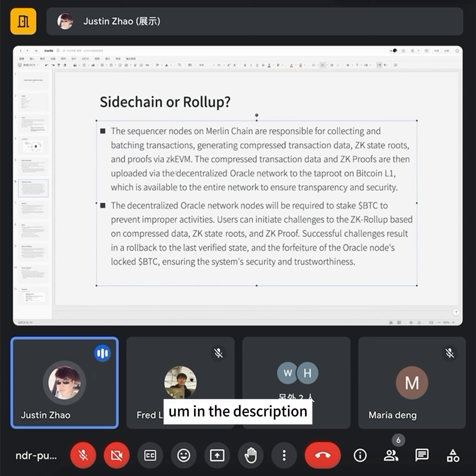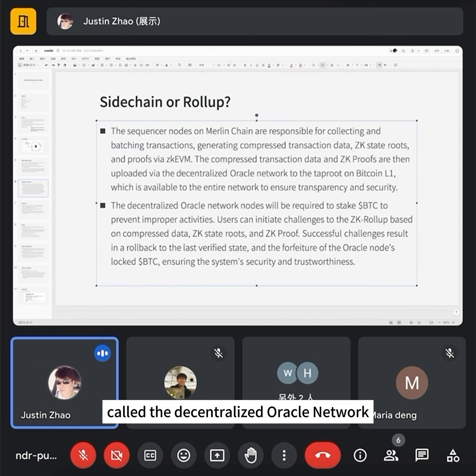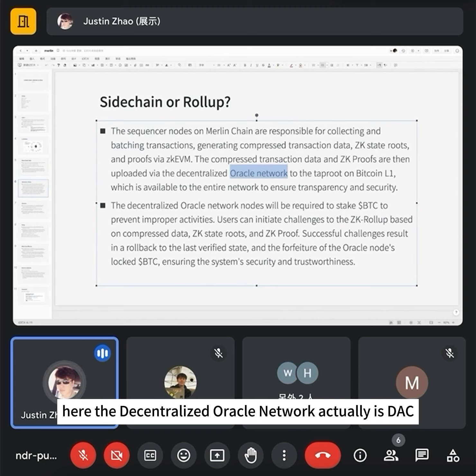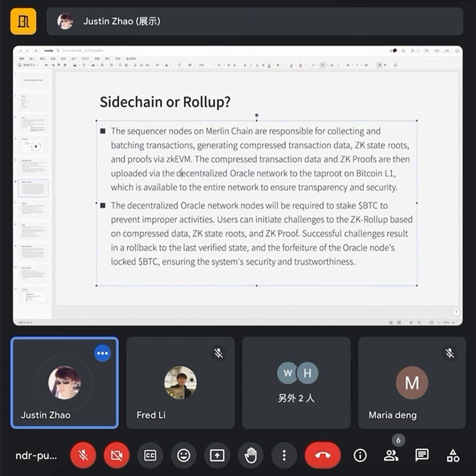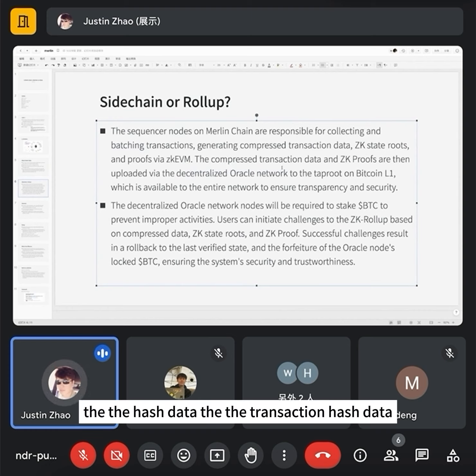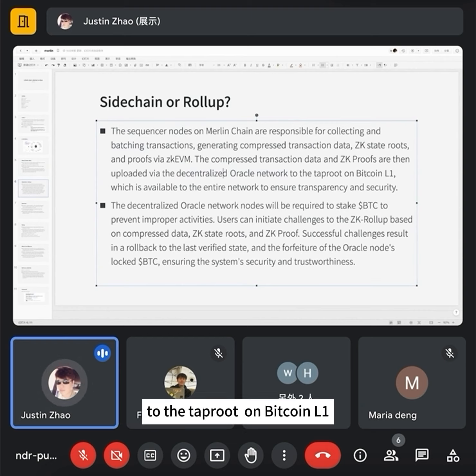Here, in the description, the DAC is actually called the decentralized Oracle network. The decentralized Oracle network actually is DAC. And then the DAC uploads the transaction hash data to the taproot on Bitcoin layer 1.